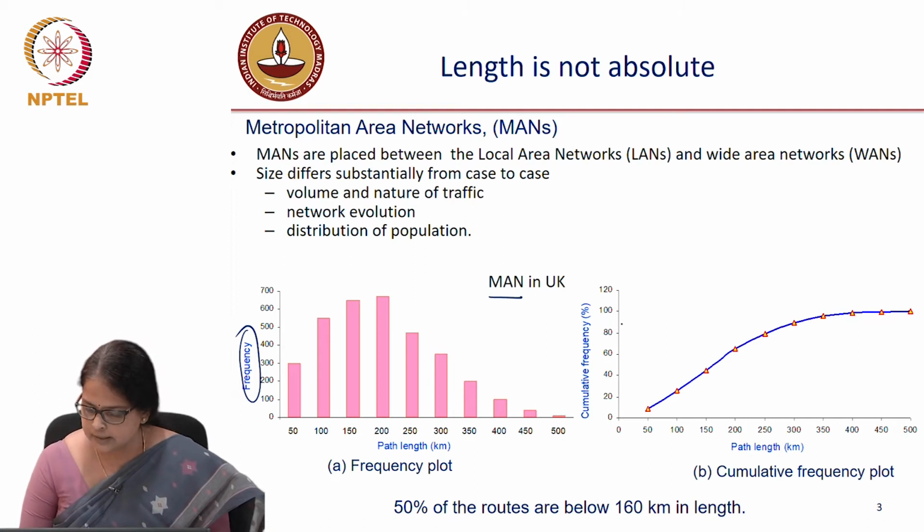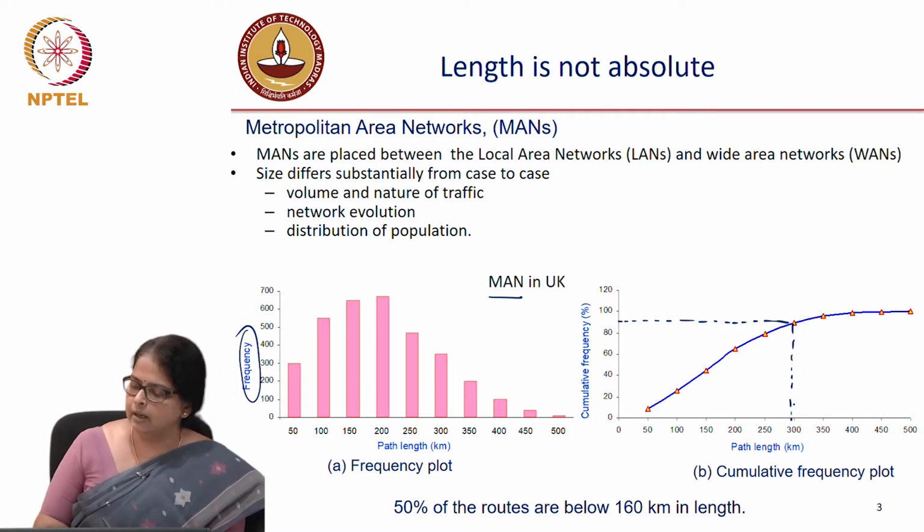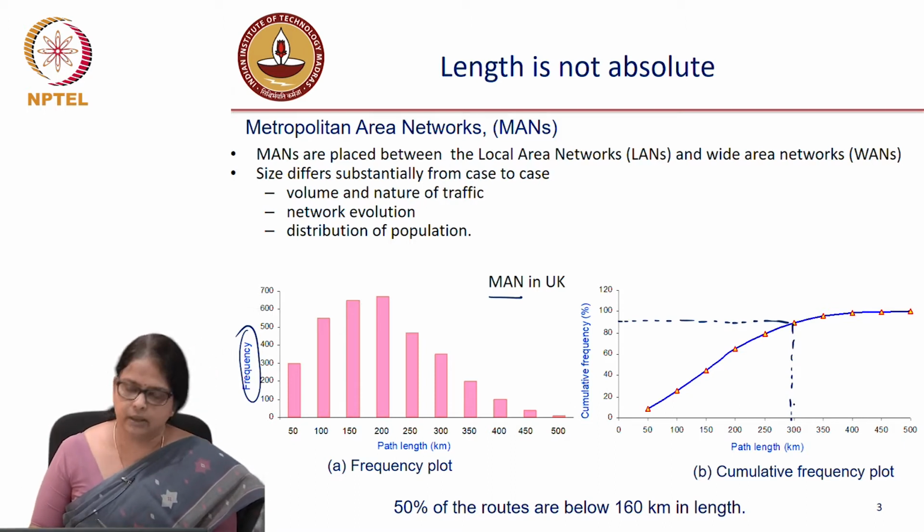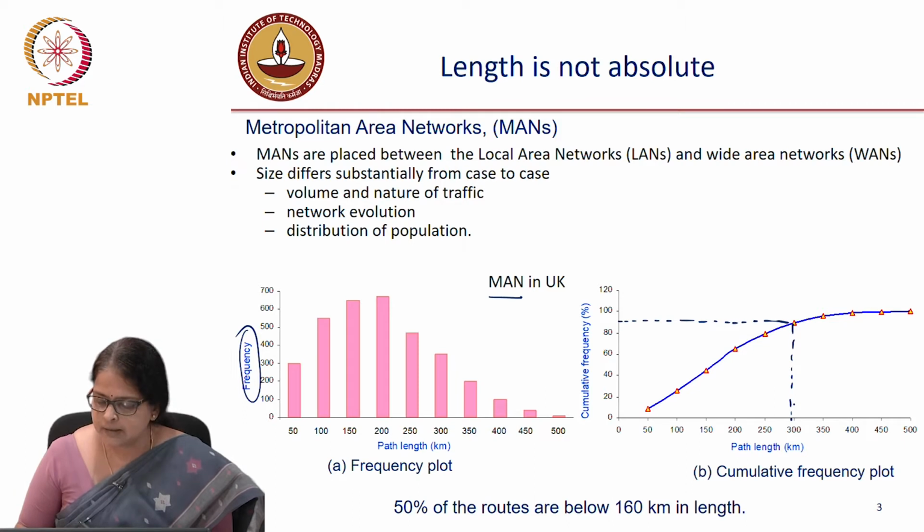So for instance, if I take the 90% line here, it simply means that 90% of the metro network in the UK is less than 300 kilometers. That's what this means. So this is again a relatively sparse population density as compared to, for example, India.